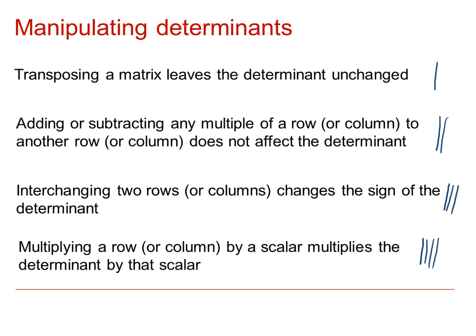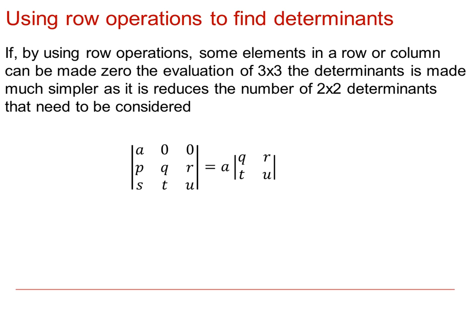Now these results can be very useful when we're trying to evaluate a determinant, particularly determinants of higher order matrices. So for example, if we've got a 3 by 3 matrix, if we can, by using row operations, arrange for elements in a row or column for that matter to be zeros, then evaluating this determinant is very, very straightforward, because here we would only have A multiplied by the determinant given by that little 2 by 2 part of the original matrix.